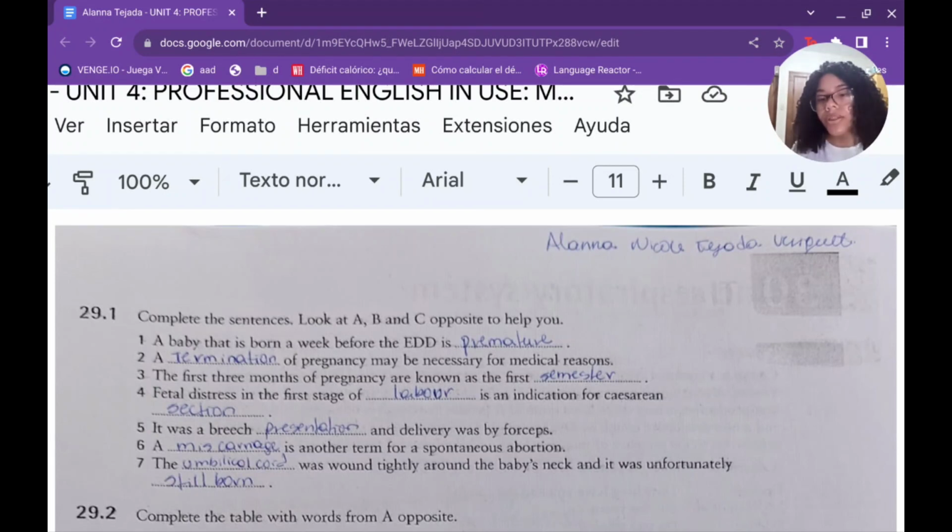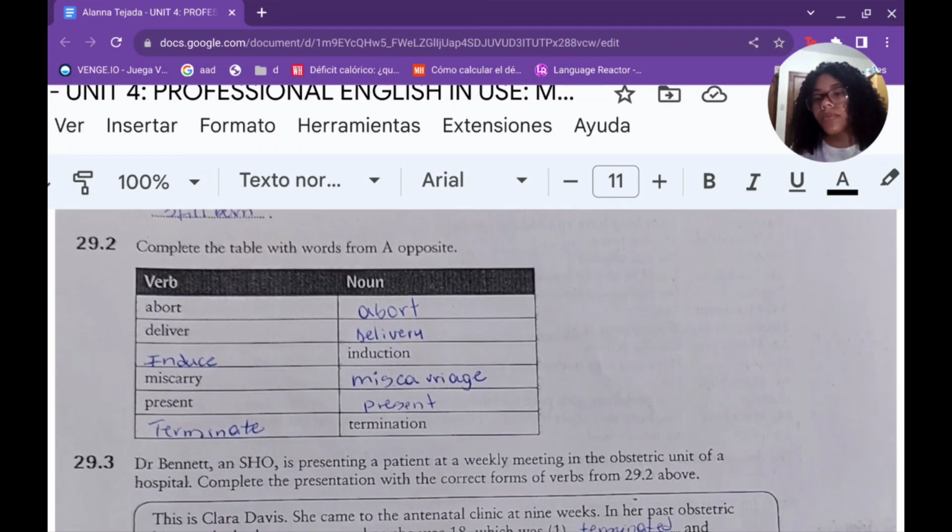It was a breech presentation and delivery was by forceps. 6. A miscarriage is another term for spontaneous abortion. 7. The umbilical cord was wound tightly around the baby's neck and it was unfortunately stillborn.